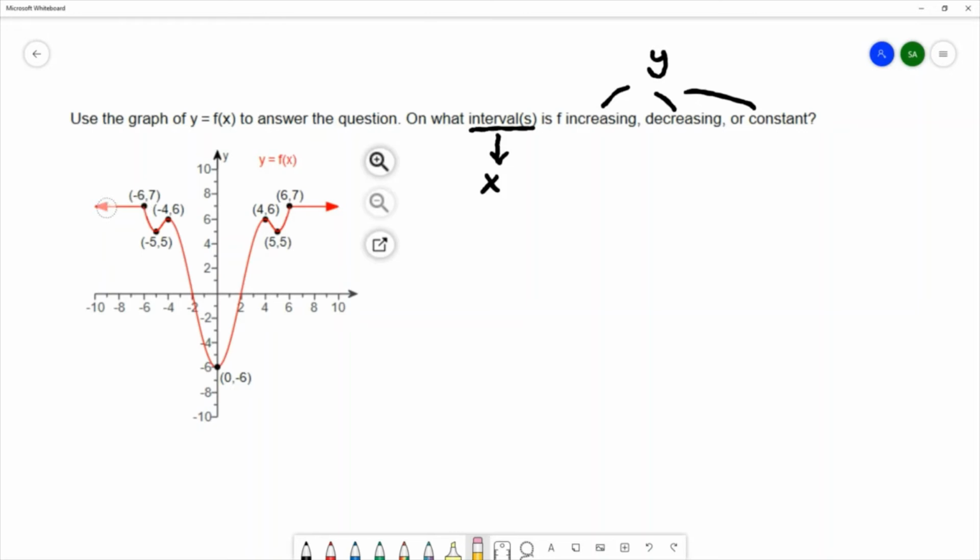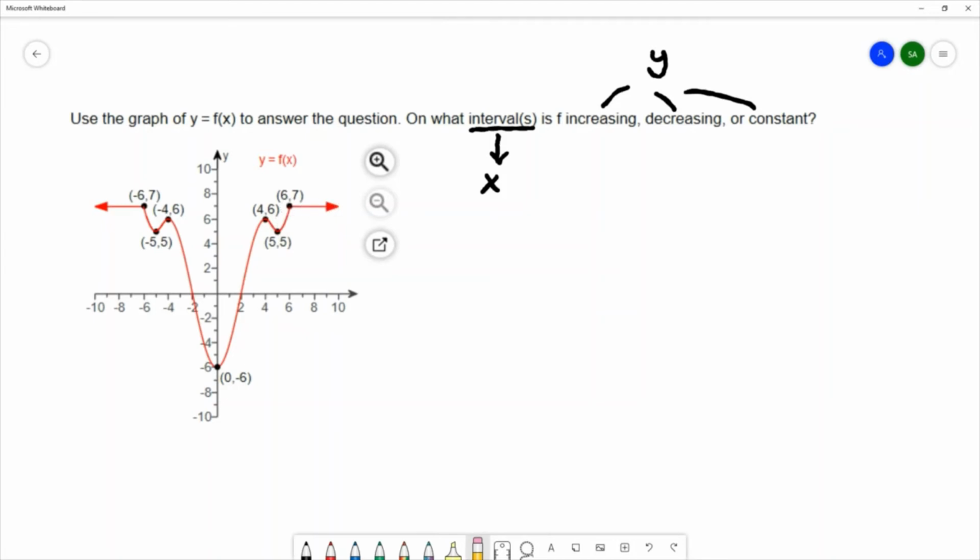We have a y value of 7 along this entire piece, so it's constant. Then the y values are decreasing, then increasing, then decreasing. Then the y values are increasing, decreasing, increasing, and then constant.